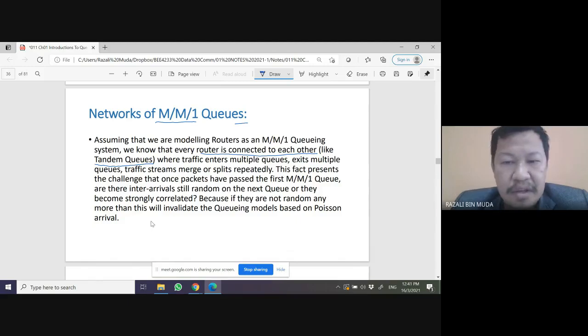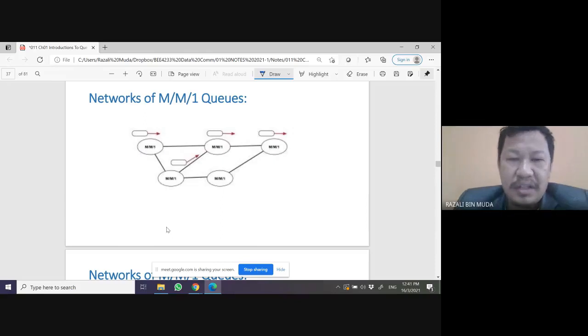This presents the challenge: once packets have passed the first M/M/1 queue, are their inter-arrivals still random at the next queue, or do they become strongly correlated? Because if they are not random anymore, this will invalidate the queuing models based on Poisson arrival. This is the router network of M/M/1 queues.